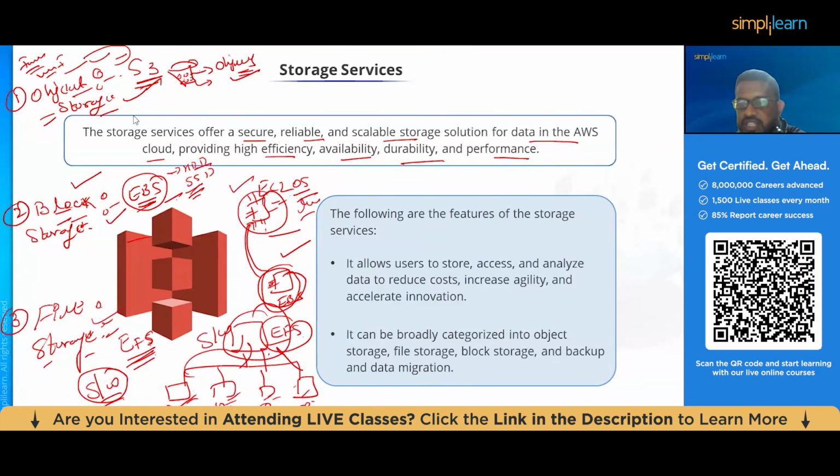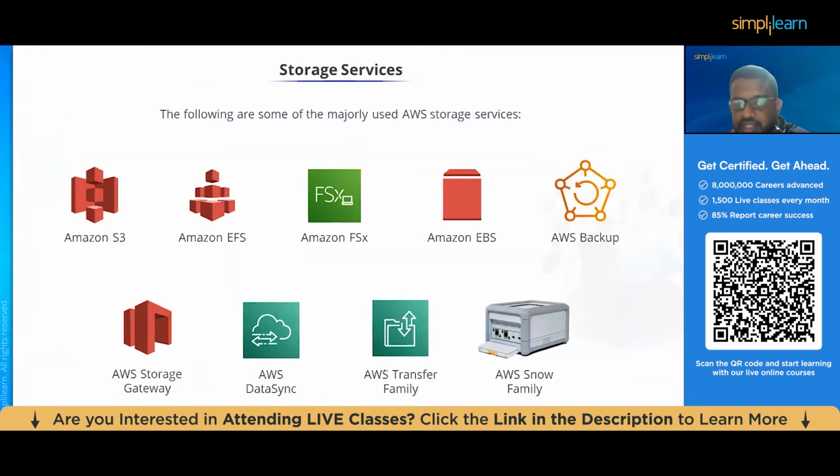So this is all just an introduction to our storage services. They allow the user to store, access, and analyze data to reduce cost, increase agility, and accelerate innovation. They can be broadly categorized into object storage, file storage, block storage, and backup and data migration services.